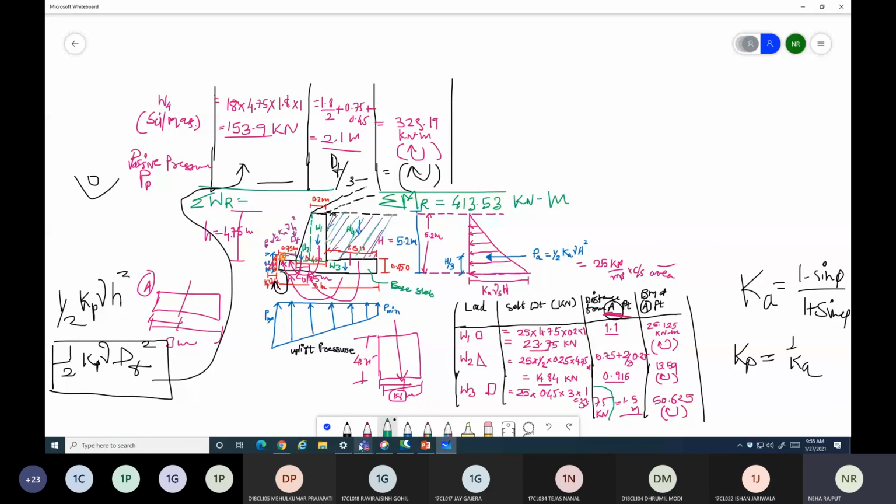Total resisting force capital W R, and that is 23.75 plus 14.84 plus 33.75 plus 153.9. So this is your total resisting force. जैसे ये resisting moment है, same way this is resisting force, 226.24 kilonewton. This is my resisting force.